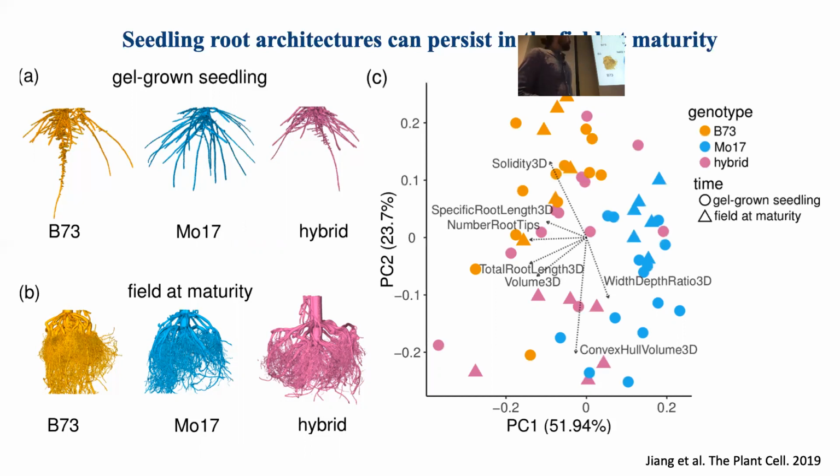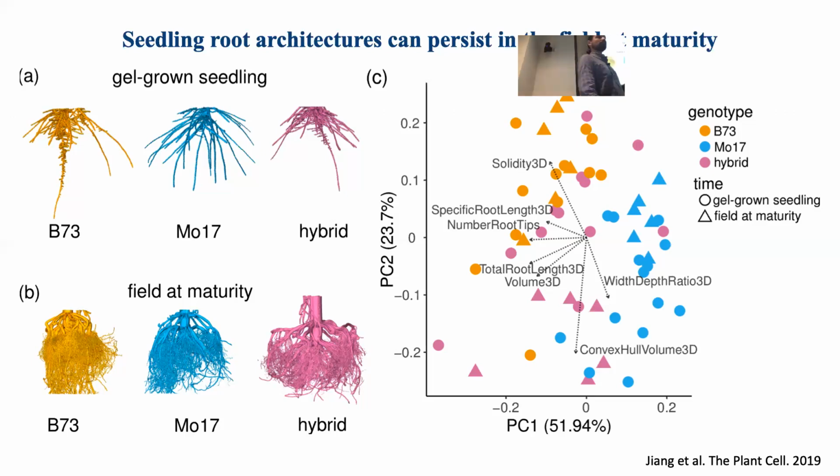And what we found was that basically the genetics rule. So the genetic signal can be seen both as a function of development, because these are much older, and also moving from this artificial system to a field at Mizzou, if that makes sense. So the field of maturity or gel grown clustered together here, and same thing, they're very well discriminated along this principal component.